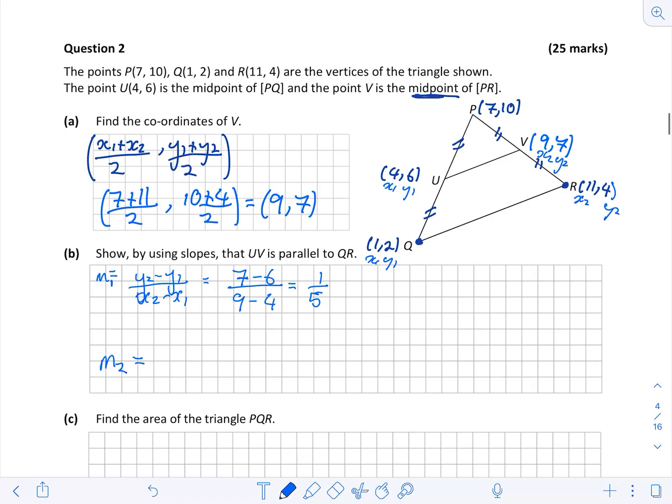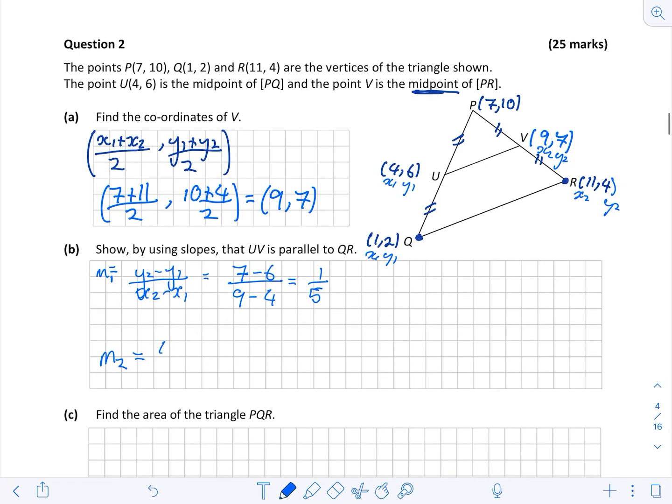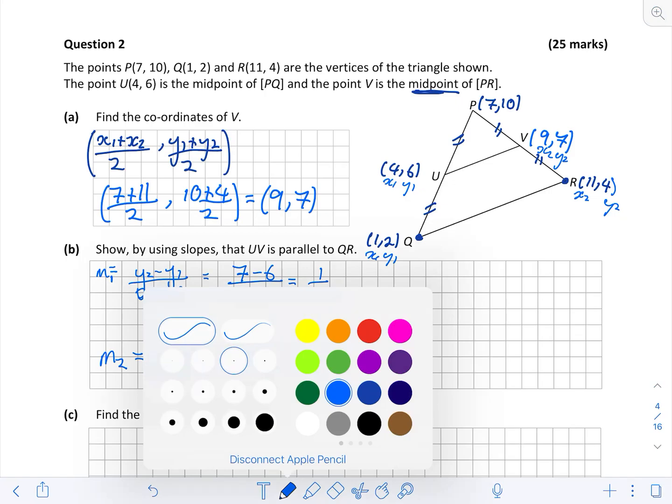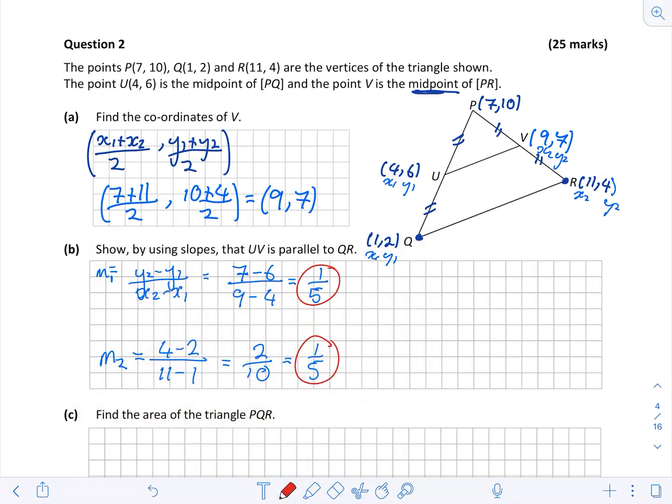So we have now 11 minus 1 over 4 minus 2, which is equal to, sorry, I've made a terrible mistake there. Sorry about that. So it's 4 minus 2 all over 11 minus 1, which is equal to 2 over 10, which is equal to 1 over 5. And we then spot that this is the same as this, so this implies they're parallel.